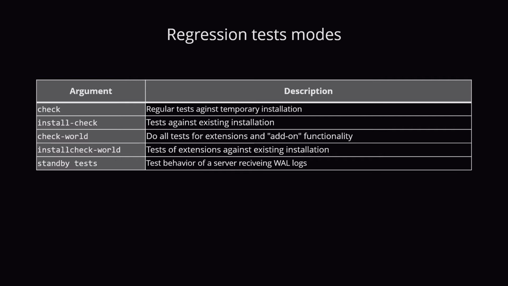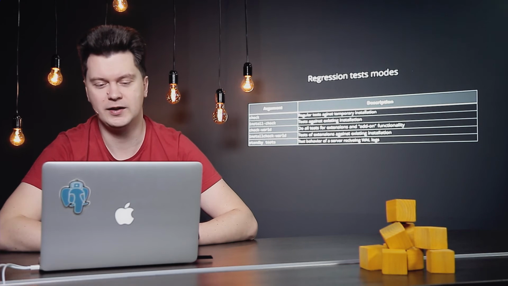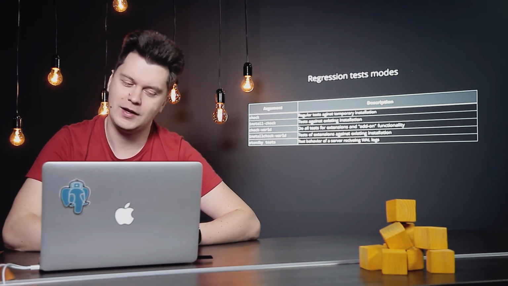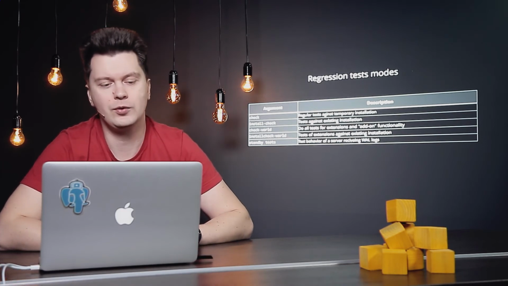So this is considered a hard test for source code. Not a fast check of whether everything is okay, but a detailed check in all extensions that everything is still integrated and works properly. And one more regression mode is standby tests, which tests receiving of the write-ahead recovery log.